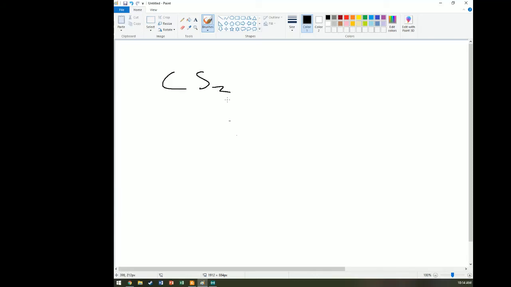CS2, carbon disulphide. So carbon has 4 valence electrons and sulfur has 6, so plus 2 times 6, which is 16. So we draw the carbon here first, since it's the least electronegative element. Draw a sulfur, and then lone pairs.